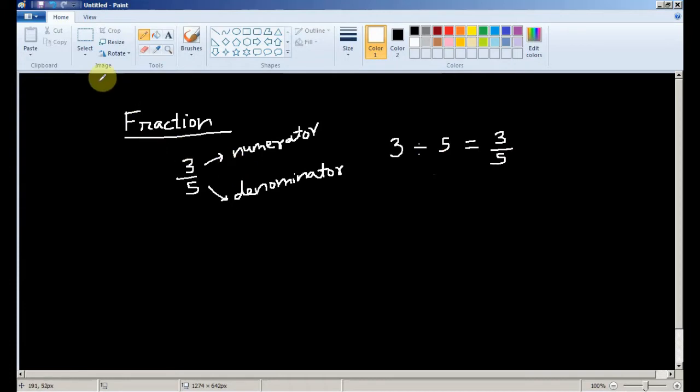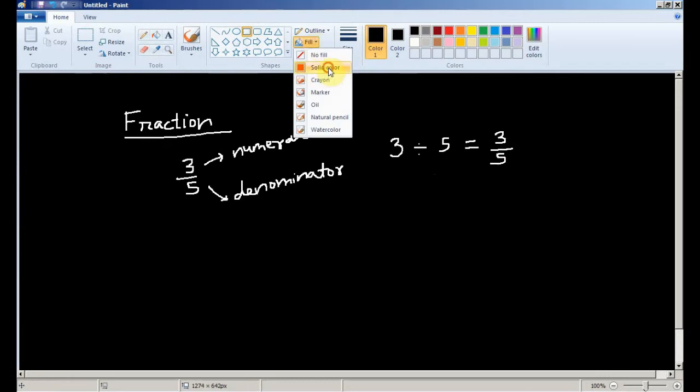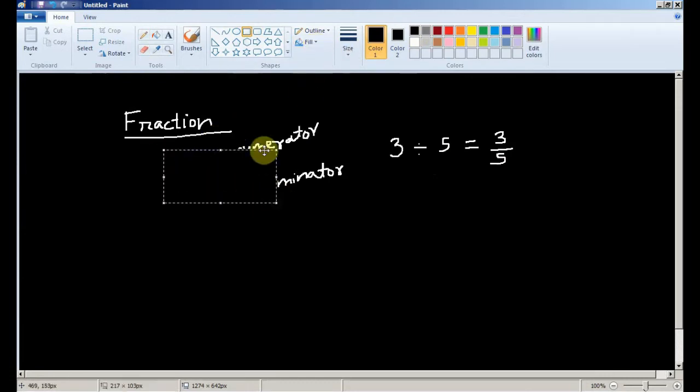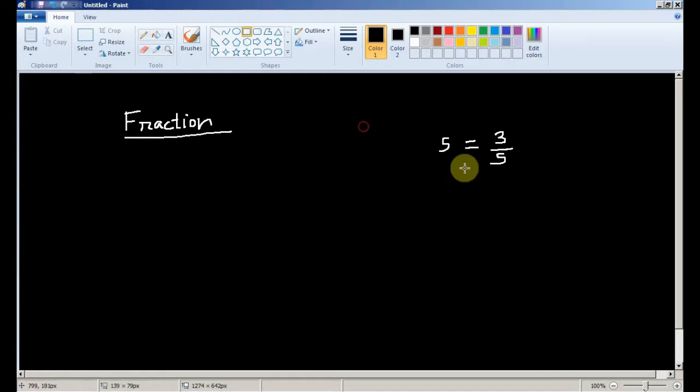In my previous video I mentioned visualizing fractions, what they mean in the real world. We are trying to understand the meaning of fractions and how they are useful in the real world.